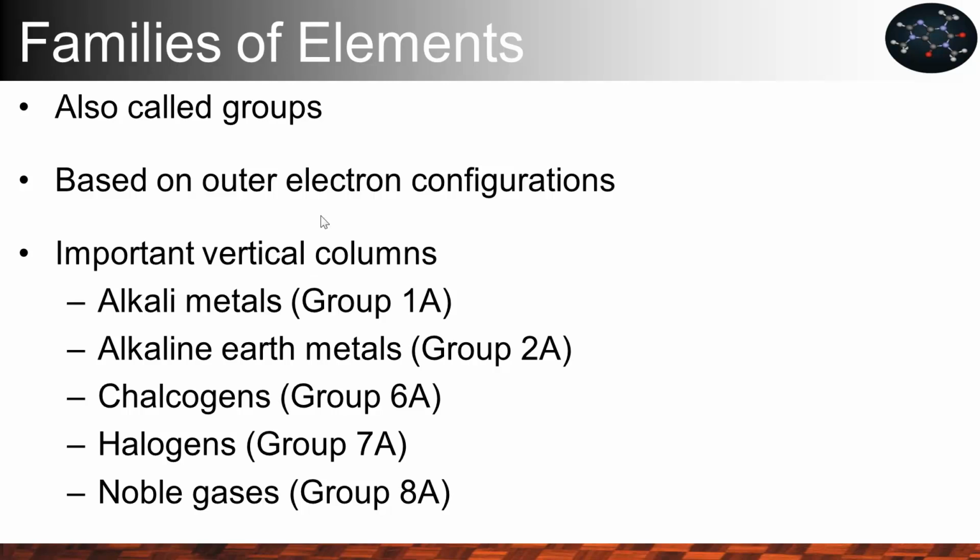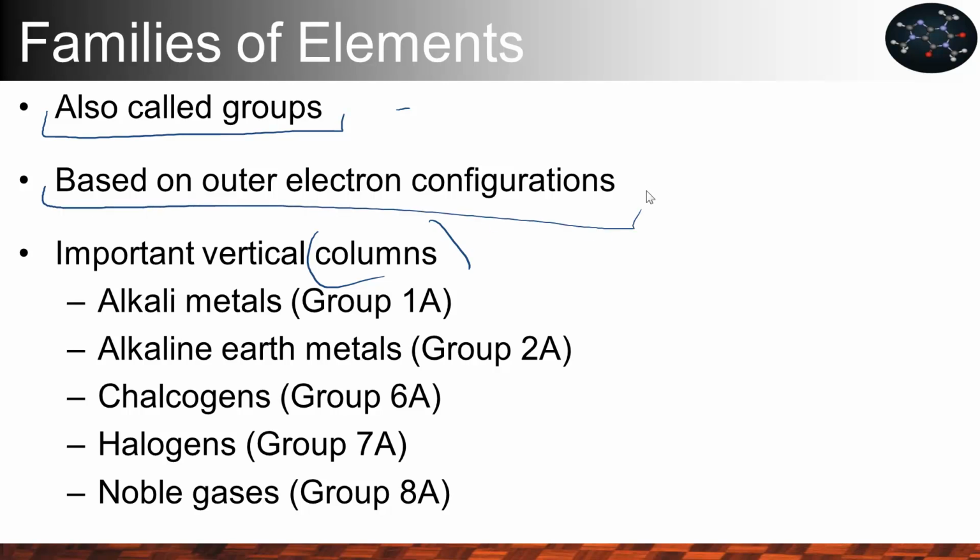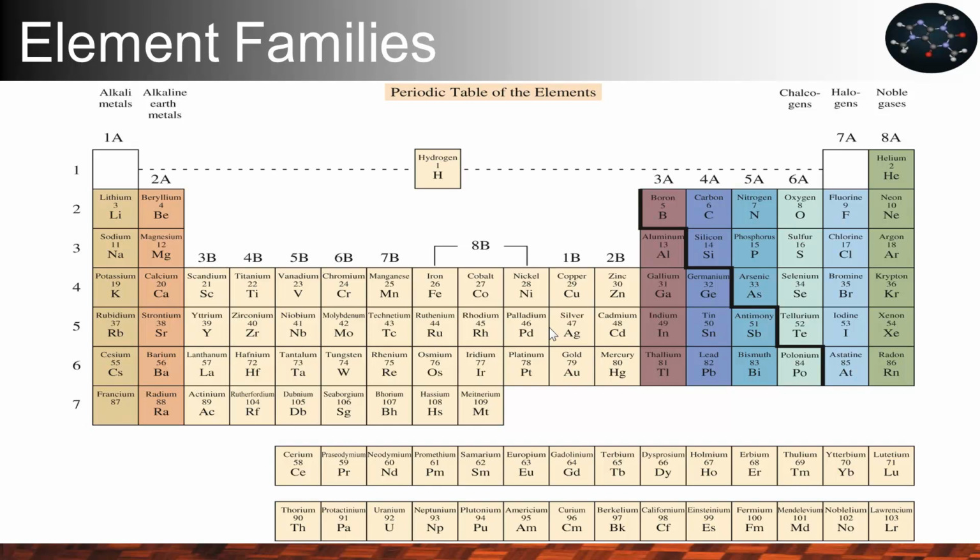And so we can have families of elements because of this. Those are the columns. Some of the columns have names, and we already talked about how they're similar in their properties because of those valence outermost electrons. The first group on the periodic table, and let's look at a periodic table. First group here, group meaning column, is called the alkali metals.